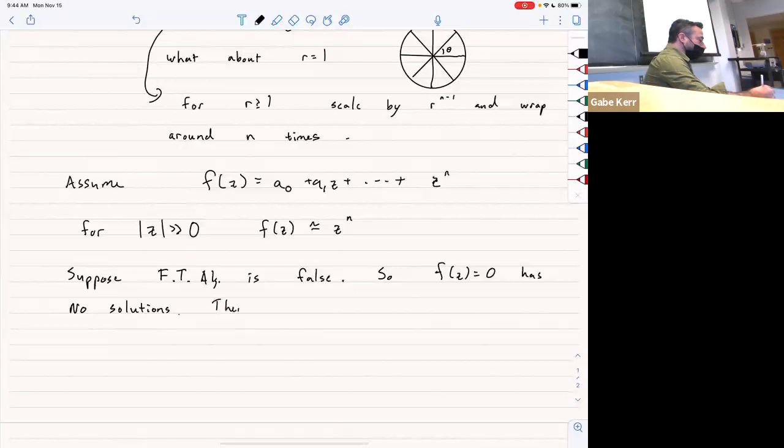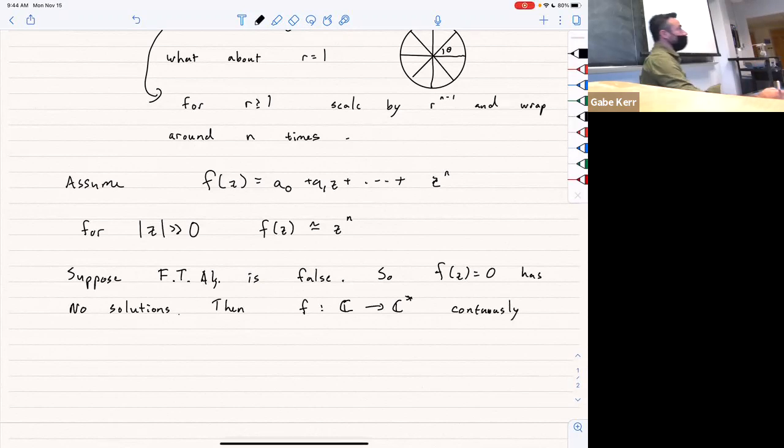But then f, as a polynomial function, will send C to C star continuously. Polynomials are certainly continuous.